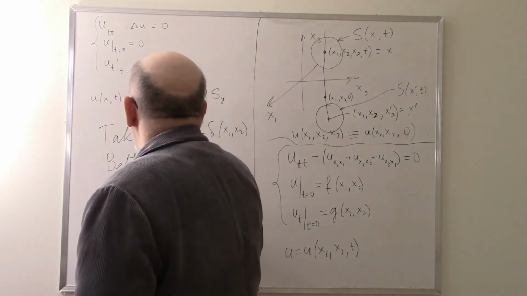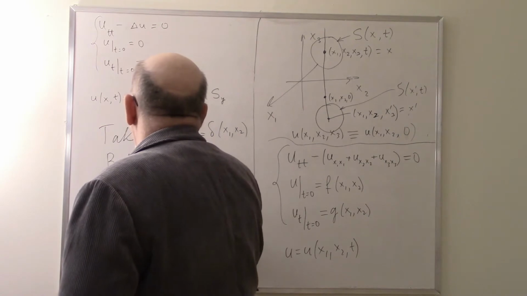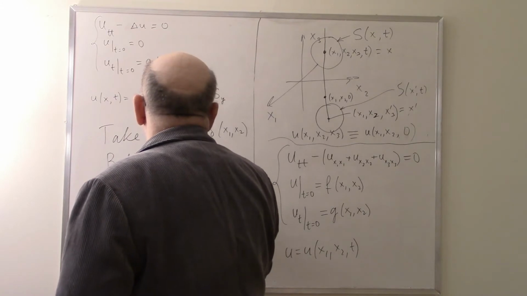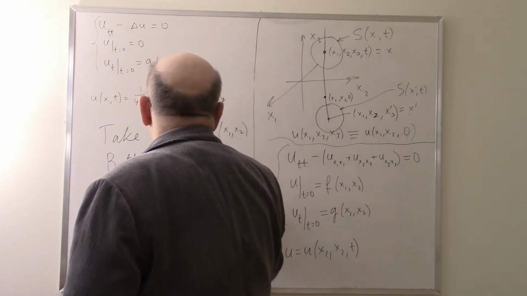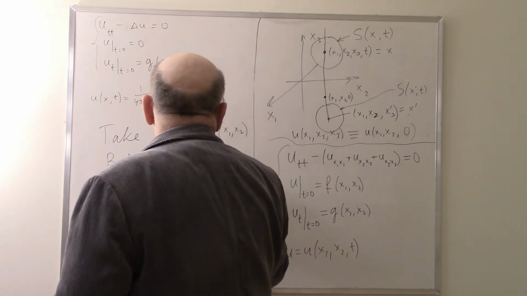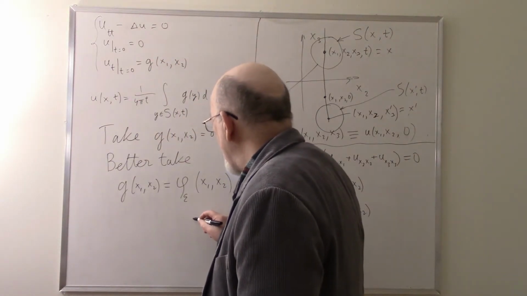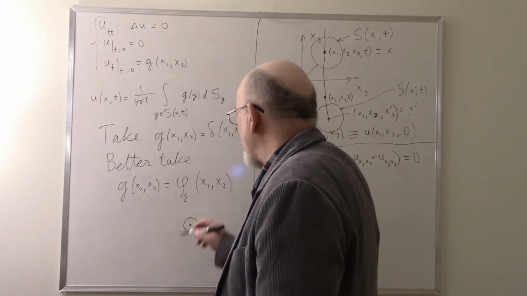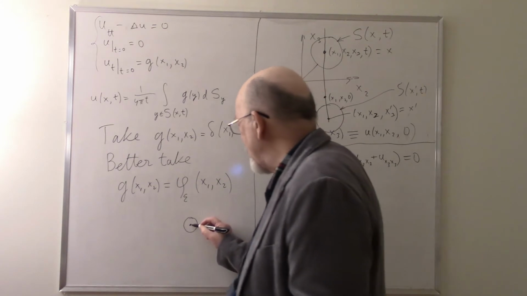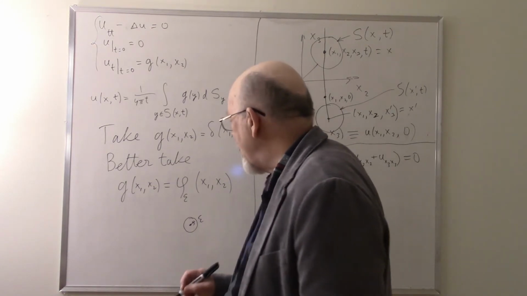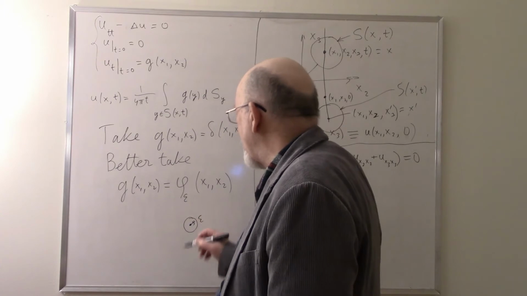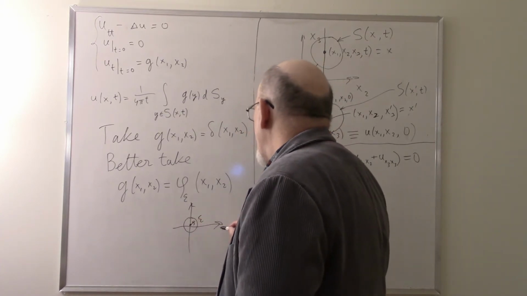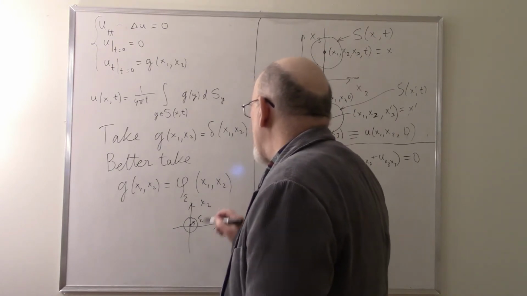take g of x1, x2 equals phi epsilon of x1, x2. Yeah, so it is a function which is concentrated in a disk of radius epsilon in the plane around the origin, in the x1, x2 axis.